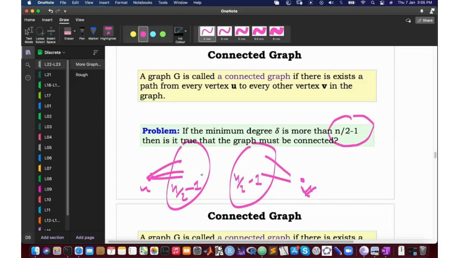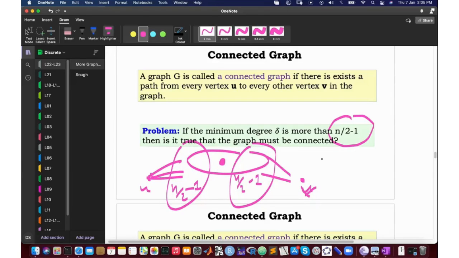Do you understand this argument? If there is a vertex which lies in both of these, then there is a path from U to V, and we are done by contradiction, which means the two neighborhoods must be distinct. Okay, how many vertices do we have?